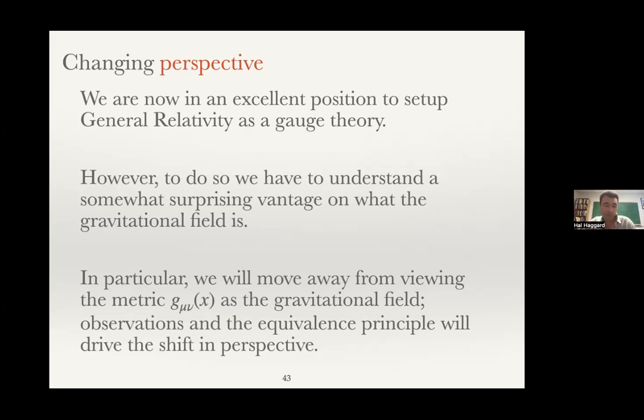You have become habituated probably to thinking of that field as the metric field, g mu nu, as a function of position. And my first message to you is that we're not going to do that. We're not going to think of the metric as the gravitational field. We're going to work with something else as the gravitational field.